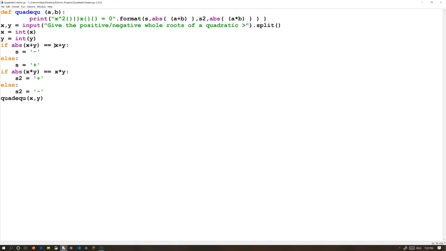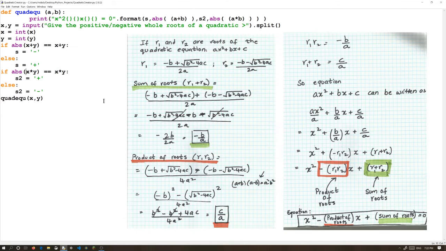So let me explain why I put x plus y and x times y. That was the hidden trick that I was talking about. So whenever you have a quadratic equation, what you can do is make it into parts. There are two roots. Let's call them x and y. So x plus y is b, which is the coefficient of x, and x times y is c, which is just the constant.